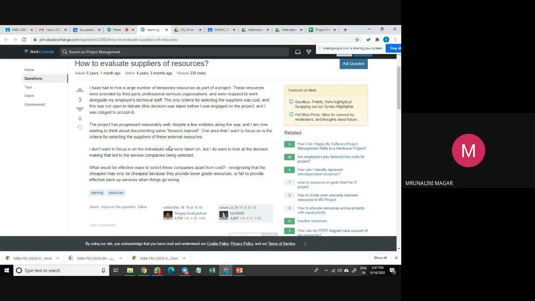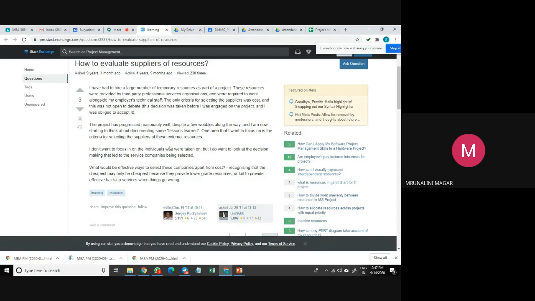The project has progressed reasonably well, despite a few wobbles along the way, and I am now starting to think about documenting some lessons learned. One area that I want to focus on is criteria for selecting the suppliers of these external resources.